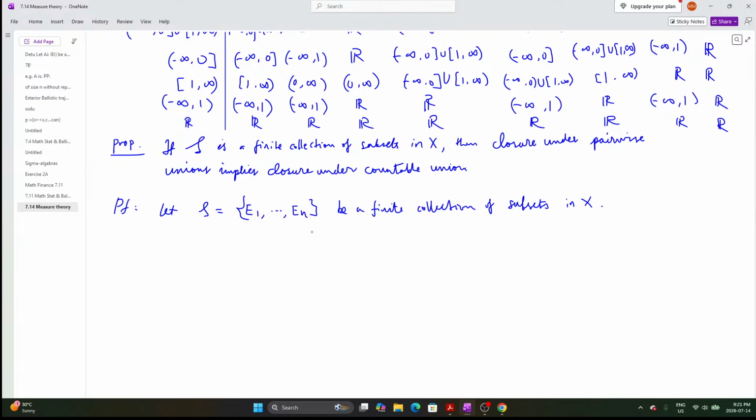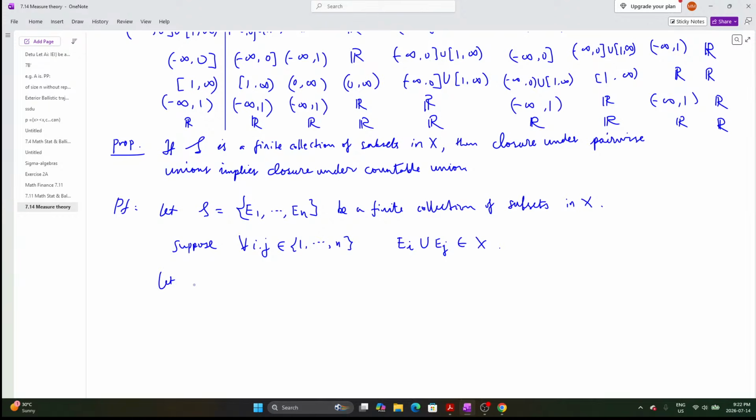So we suppose this is closed under pairwise union. Suppose for all i, j in the set 1 all the way to n, Ei union Ej is in X. Right. And now we need to show closure under countable union.